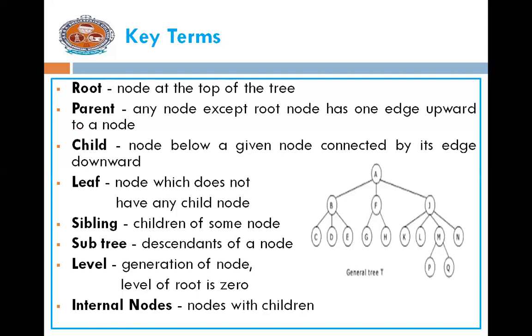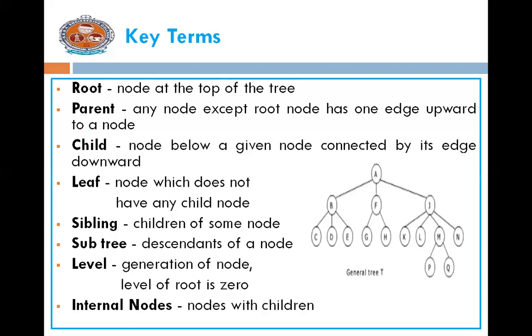And the next one is leaf. A node which does not have any children. That means the node which does not have a down arrow. For example, in this example, you can say C, D, E, G, H, all these are leaves. Siblings.